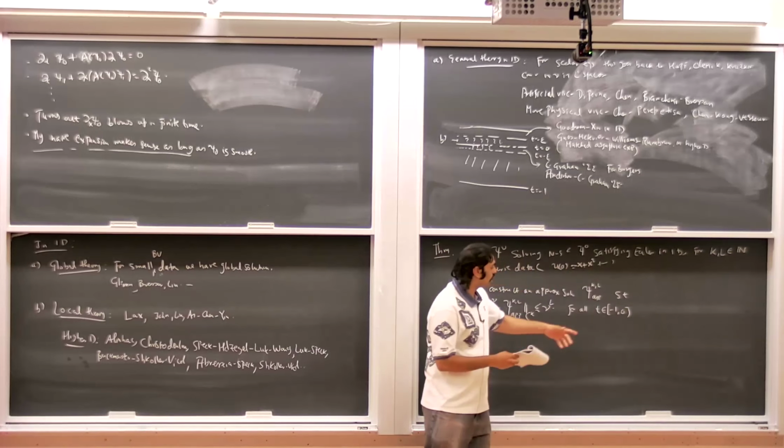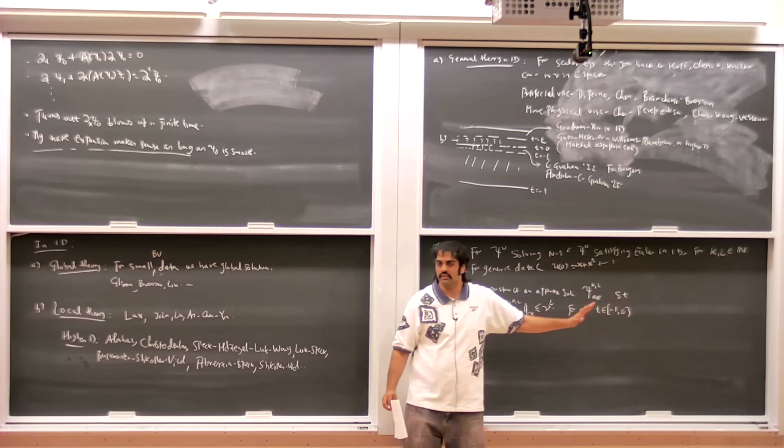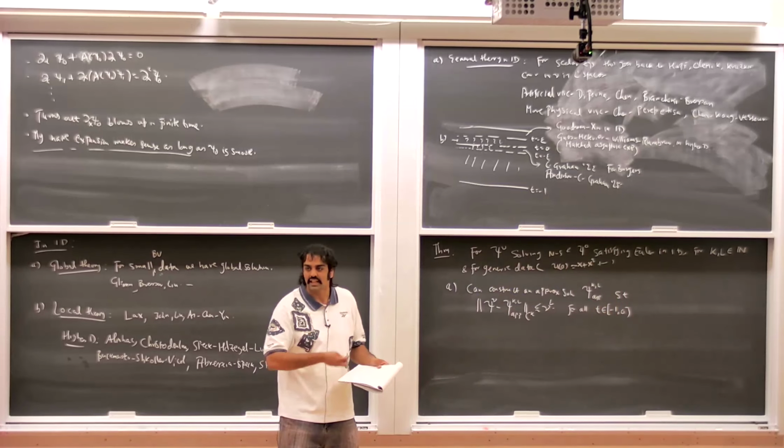I'm assuming here that the shock forms at time 0 and at the origin. This is a Galilean change that I can make.